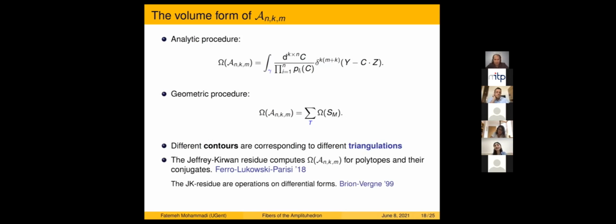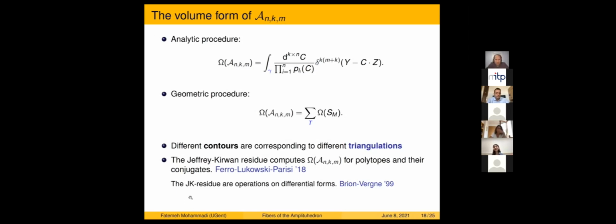Okay, and this work is, I should have said this before, motivated by a nice paper by Ferro, Lukowski, and Parisi, whose title, I think, is Jeffrey-Kirwan Residue Meets Amplituhedron. They looked into the canonical form of the Amplituhedron for polytopes and their conjugates, and they related them. They computed these canonical forms in terms of residues, taking the JK residues.